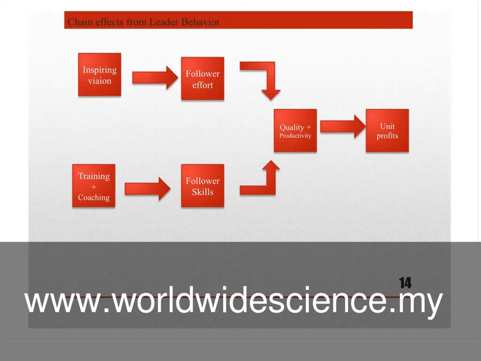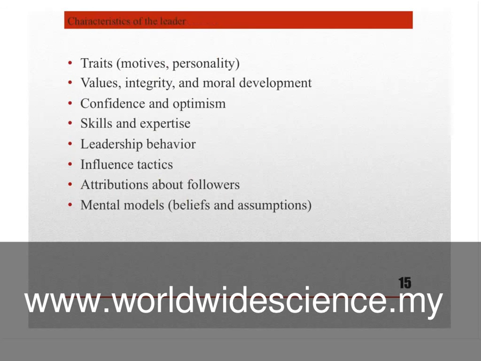So those tactics become very handy and helpful. And they need to give recognition or attributions about followers, and they need to understand followers. And also their mental models, like their beliefs and assumptions, are very important. You need to make fair assumptions, and you need to have right beliefs as a leader to be able to be successful.